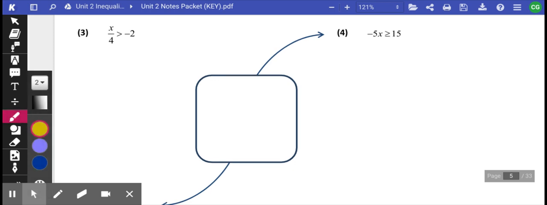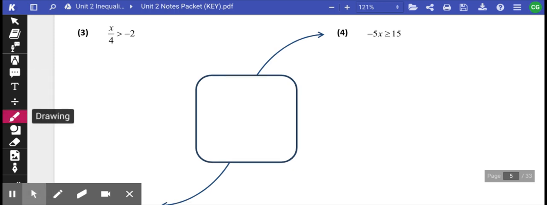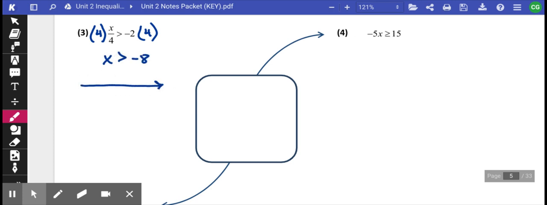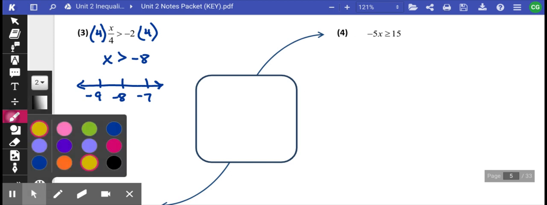Number 3. So number 3, I've got x divided by 4. So I'm going to multiply both sides by 4, and I have x is greater than negative 8. So I make a number line, negative 9, negative 8, negative 7.